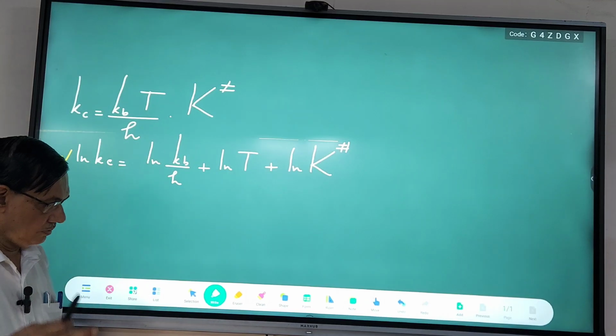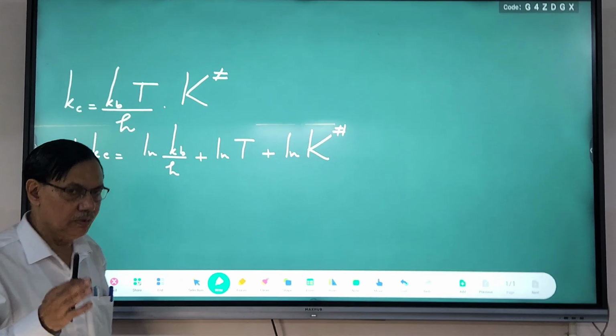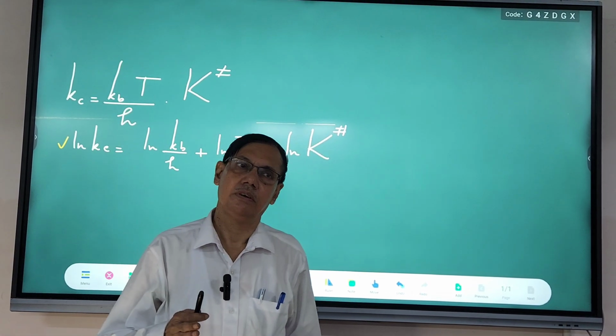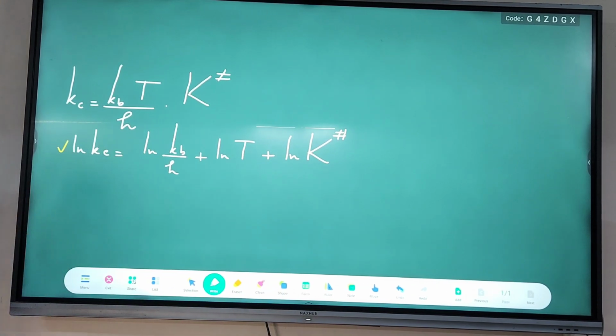So I am just solving the thermodynamic formulation of transition state theory for unimolecular reactions as well as for bimolecular reactions.